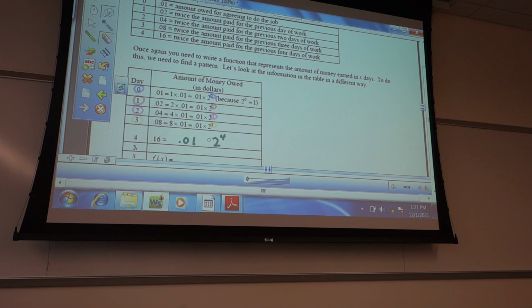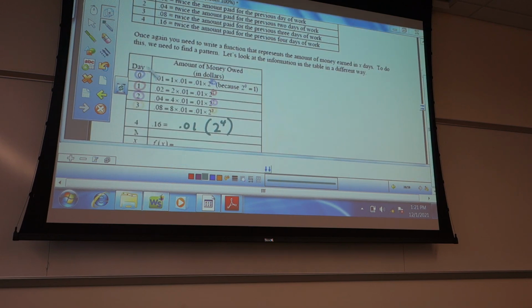I'm gonna put a parentheses because I like that better for multiplying. The x gets me confused with x's itself. Okay, so 30 days later, or let's do 10 days later.